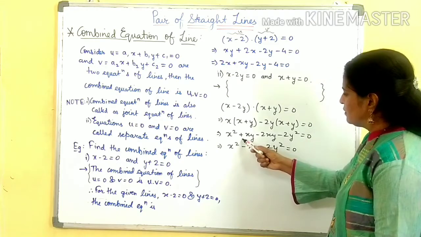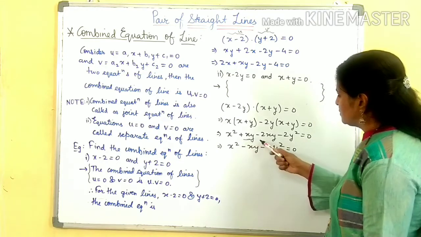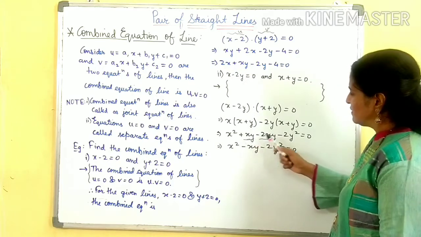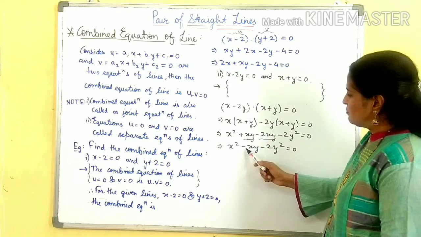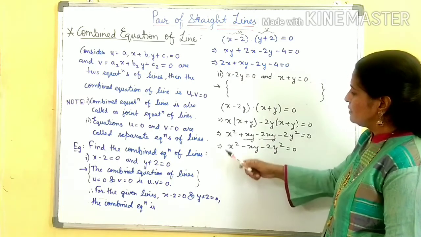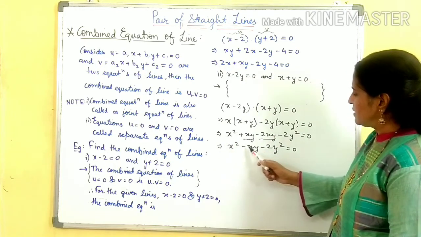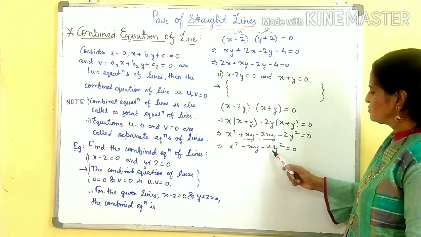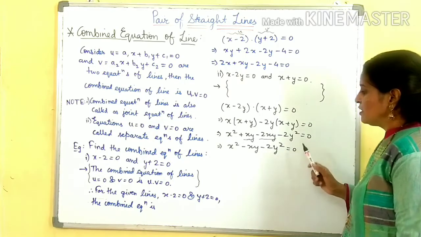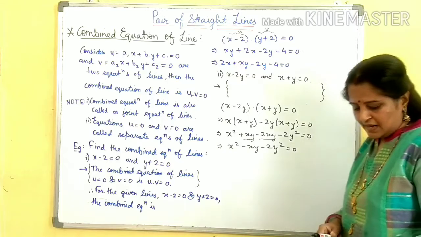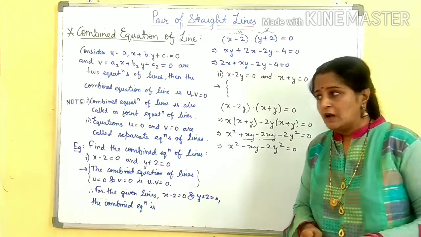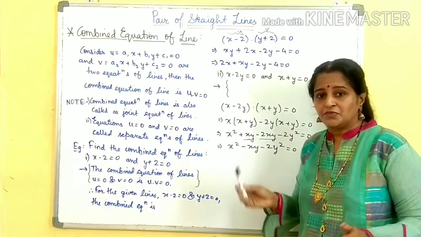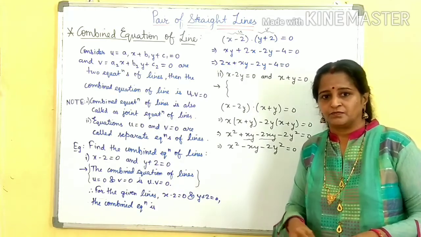Here two terms having xy, so 1xy minus 2xy, we get minus xy. Therefore, x square minus xy minus 2y square is equal to 0. That type of example is 1 mark or 2 mark, or it may be MCQ type question also.